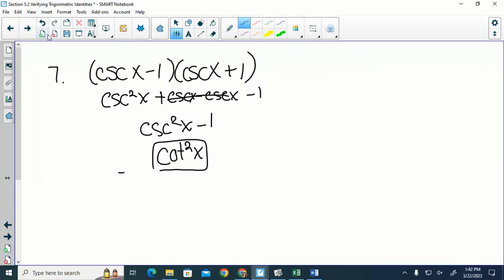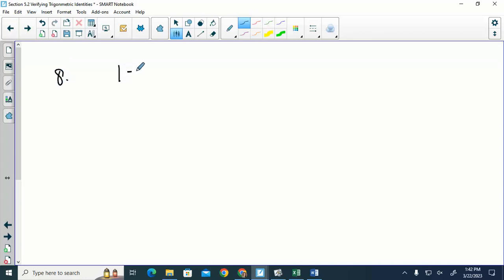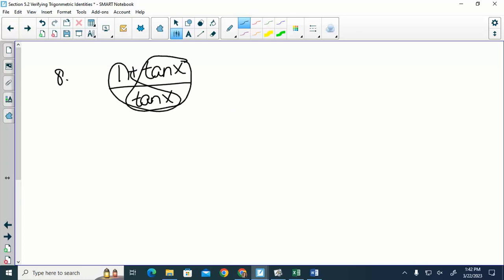Number 8. This is a lot like problem number 2, where you only have one term on the bottom, so you can break it apart. All right, and then 1 over tangent x.